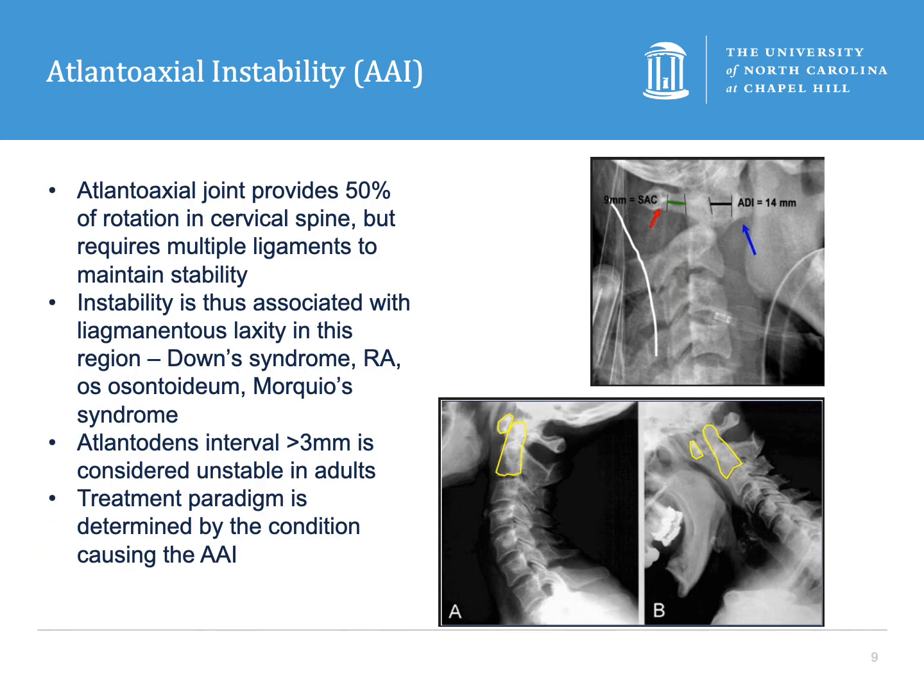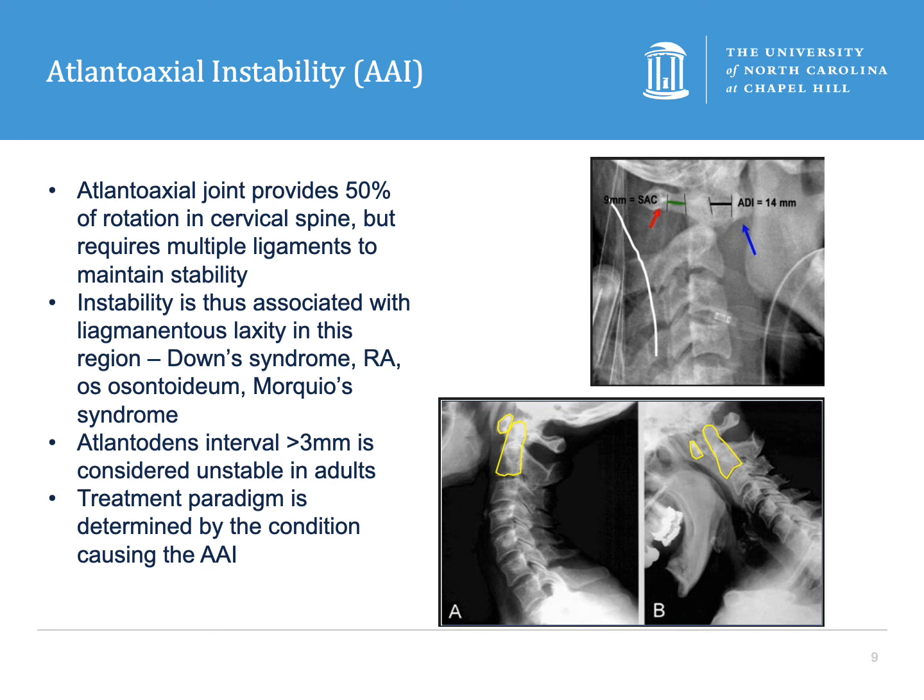Okay, so the next one we're going to talk about is Atlanto-Axial Instability. The Atlanto-Axial joint provides 50% of rotation in the cervical spine. It requires multiple ligaments to maintain stability, though, specifically the transverse ligament, the apical ligament, and the alar ligaments. Atlanto-Axial Instability is thus strongly associated with ligamentous laxity in this region.